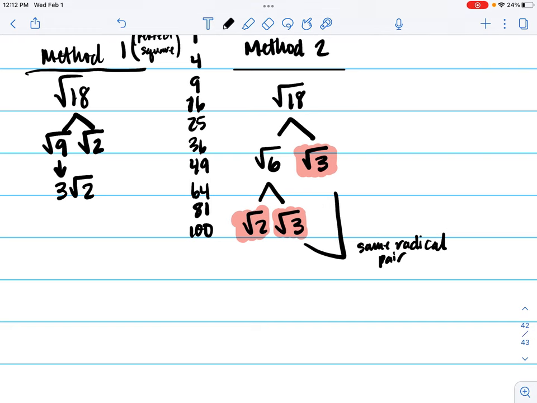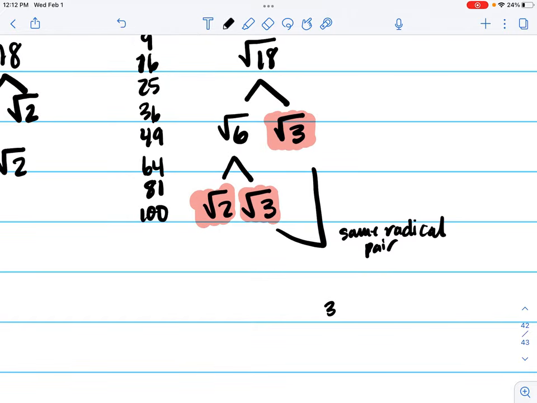Well, root 3 times root 3 is root 9, and we know the root 9 is 3. So ironically enough, when you pair these, you pretty much just take that value, 3, okay? Because squares and square roots, this pretty much is what it looks like. 3 times 3 is 3 squared, and there's a square root there. Squares and square roots cancel each other out, and you're just left with 3.